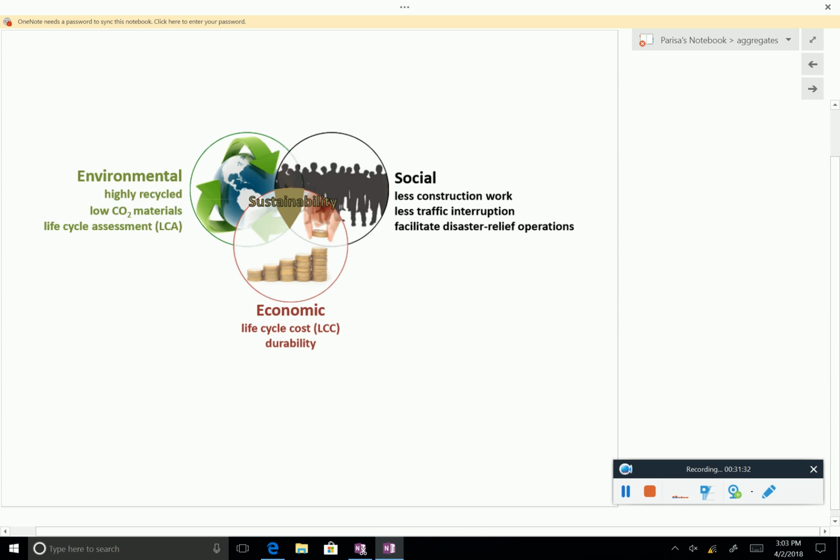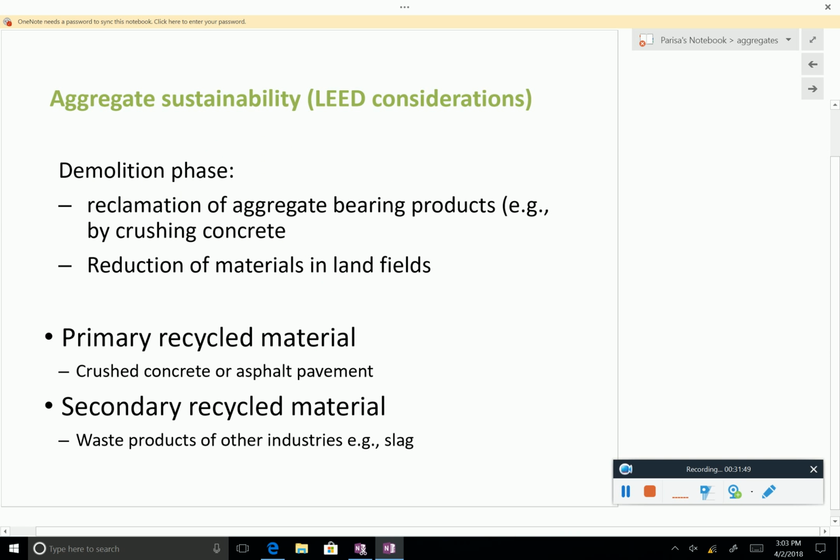And finally, we need to be mindful of environmental impact, economical impact, and social impact. In one word, the sustainability of handling aggregates. For example, after a pavement or a structure has been used, you typically want to see whether you can recycle the material. This is now common practice. You crush the pavement that you are rebuilding so that you can use some of the material that has been in place.